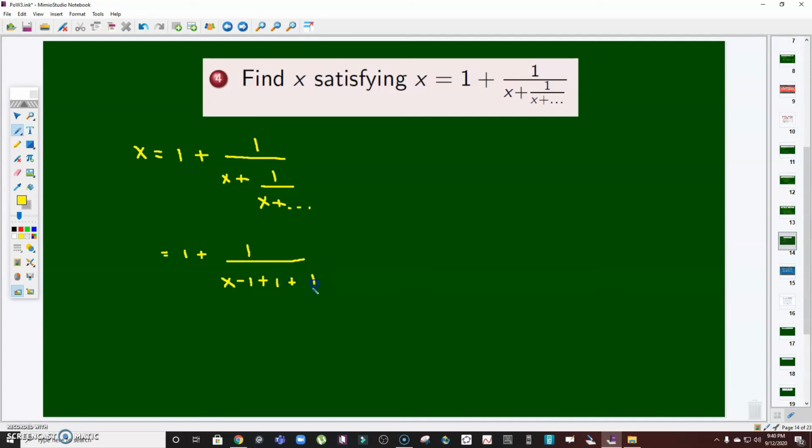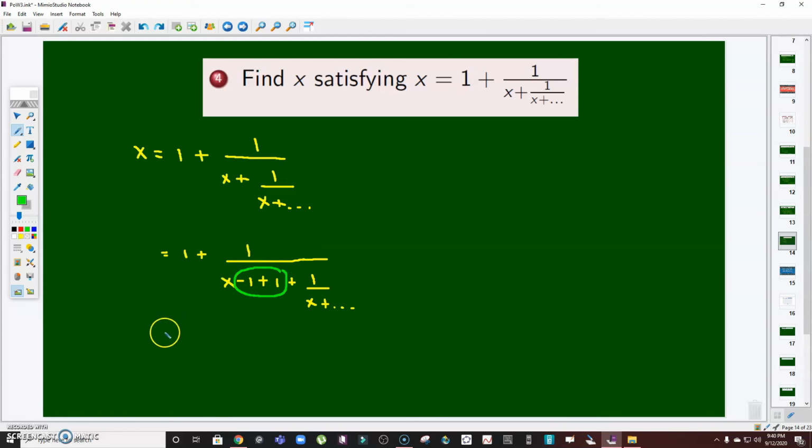So I'm not changing the value of the right side of my equation. Once again, I added 1 and subtracted 1. This is x, and this 1 over x plus and so on is 1 over x plus and so on. So again, I added 0, meaning I'm not changing the value of the right side of the equation.